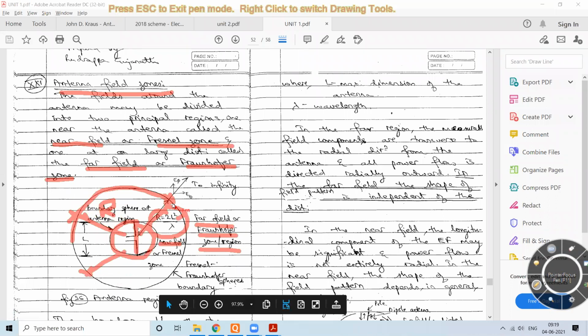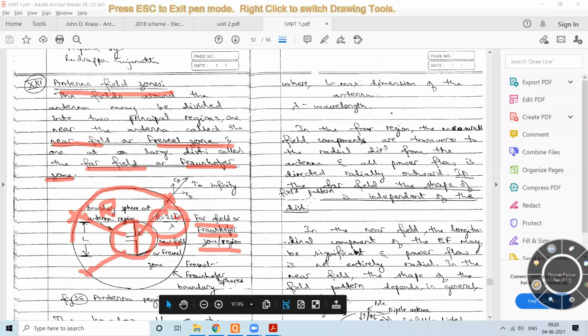Assuming a constant distance r, if I measure the radiation, those values will be measured either in the near field or the far field. If r is greater than or equal to 2 L square by lambda, the observation is in the far field; otherwise it is in the near field.